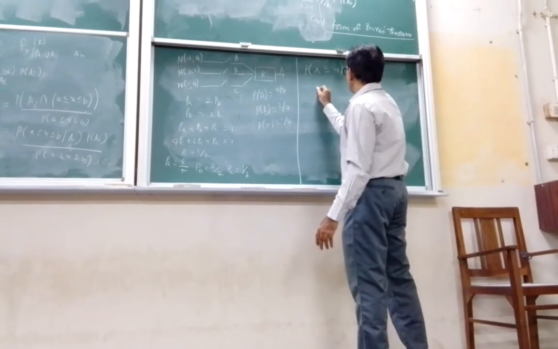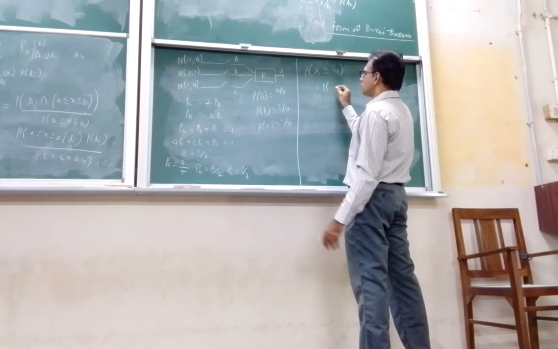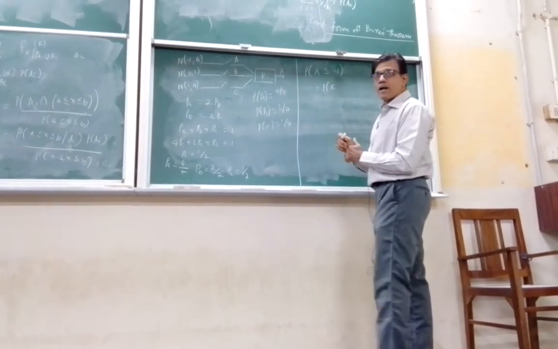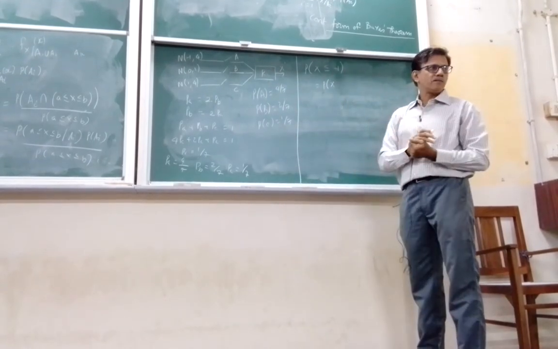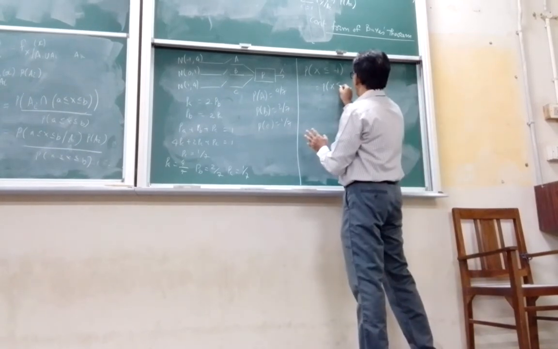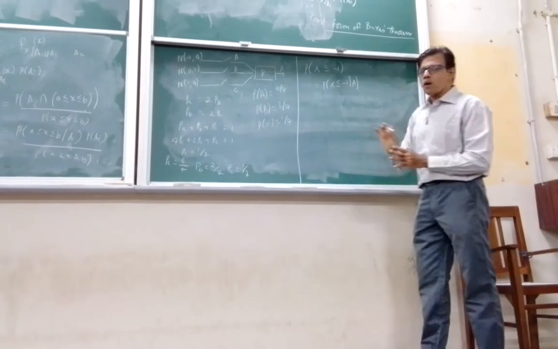That is equal to probability that x is, you can do a condition. Suppose A is closed, will you be able to tell? That is, given A, is this possible?